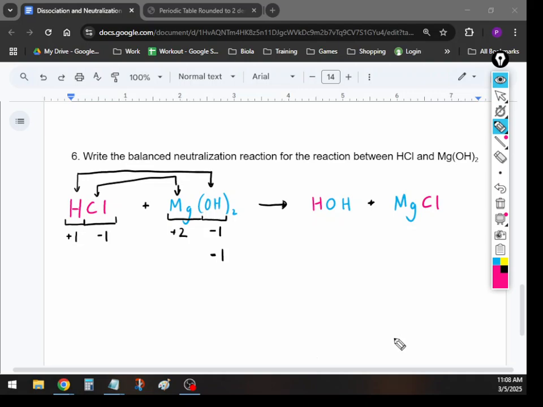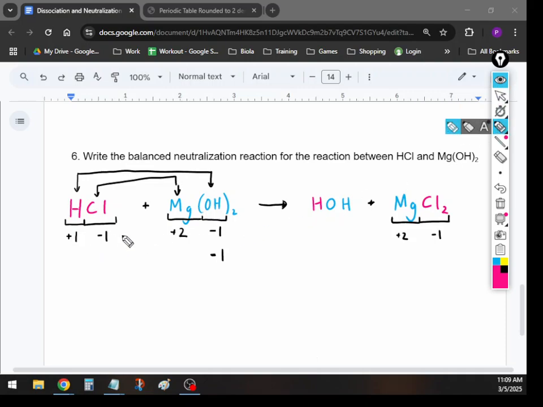But let's take a look at the charges. If you remember, Mg is +2, and Cl is -1. So how can we balance out the Mg and the Cl? You're going to need to add another one of the Cl's, because you need 2 of these to balance out the 1 Mg. So this is going to become MgCl2.